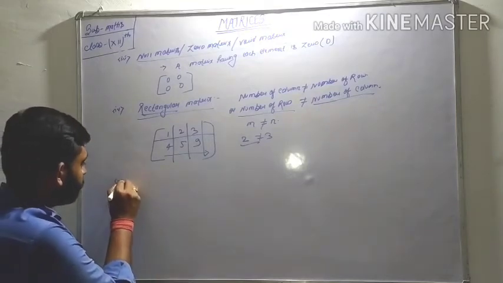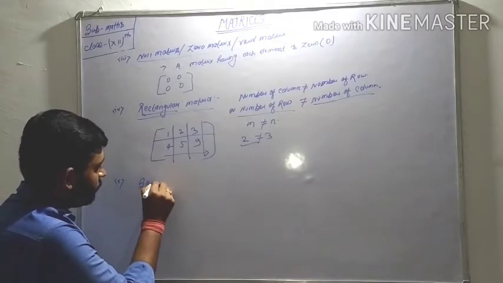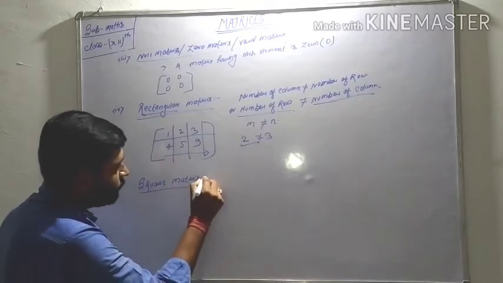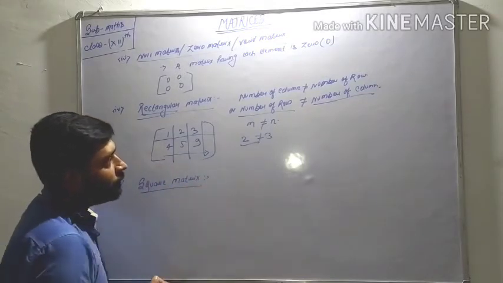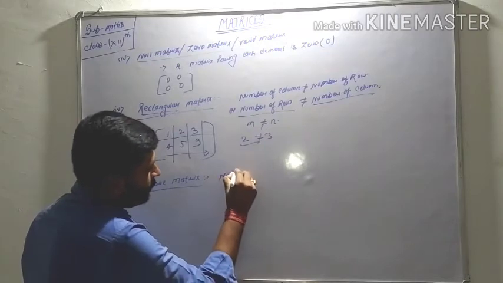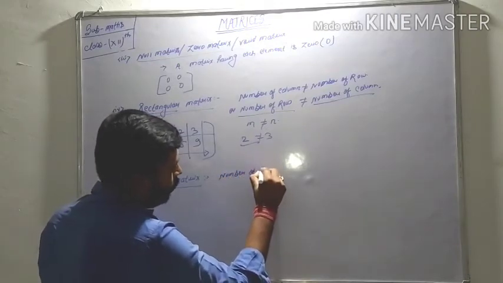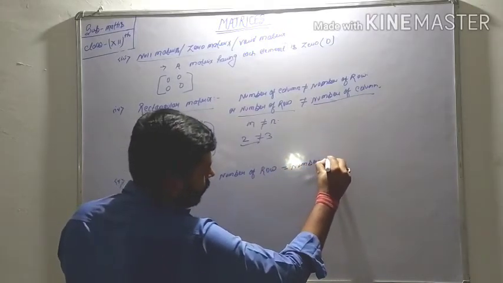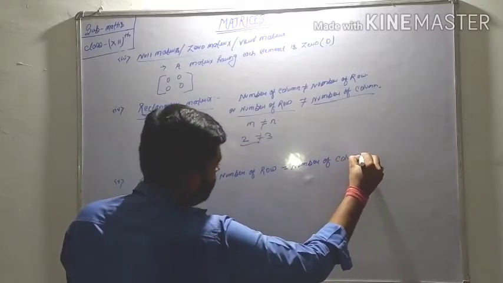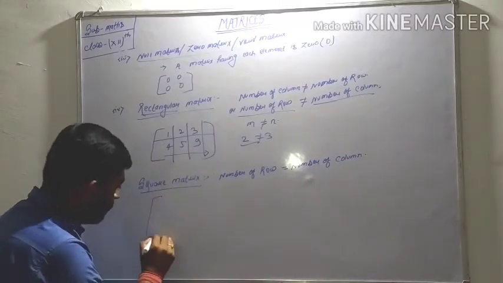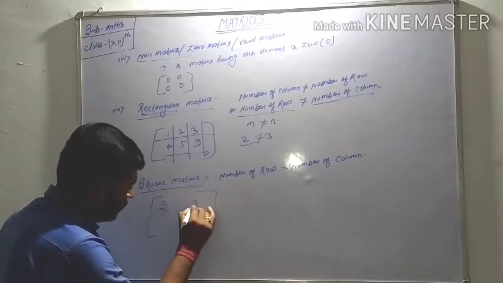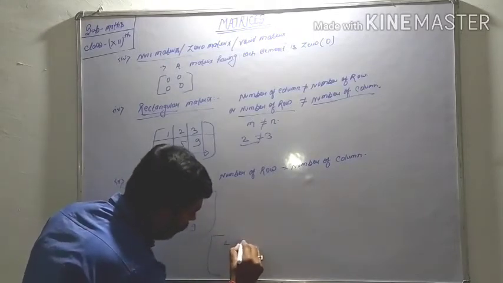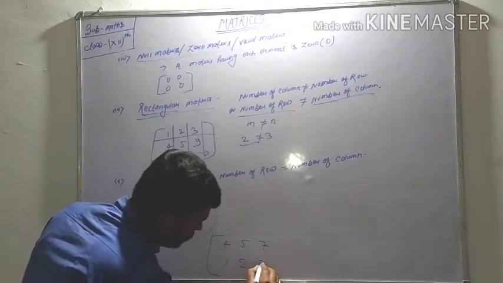And number 5, a square matrix. A square matrix has the number of rows equal to the number of columns. Here, for example, 2, 3, 5, 9. And a second example, 4, 5, 7, 1, 2, 3.